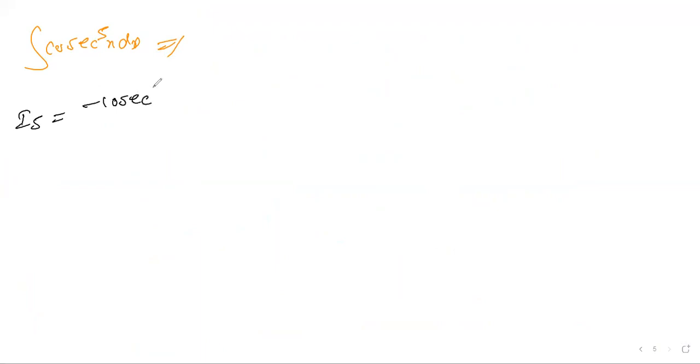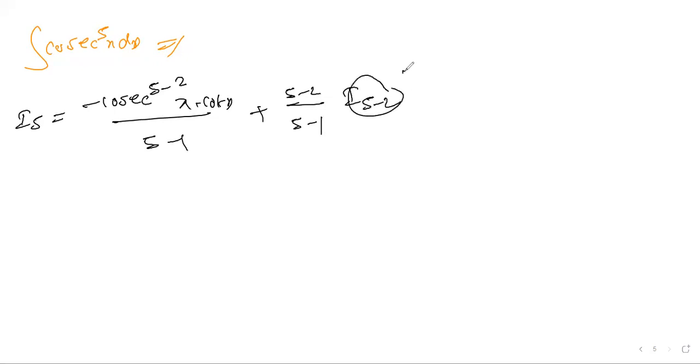Minus cosecant power 5 minus 2 x into cot x by n minus 1, right? 5 minus 2 by 5 minus 1 into I 5 minus 2. It is nothing but I3.